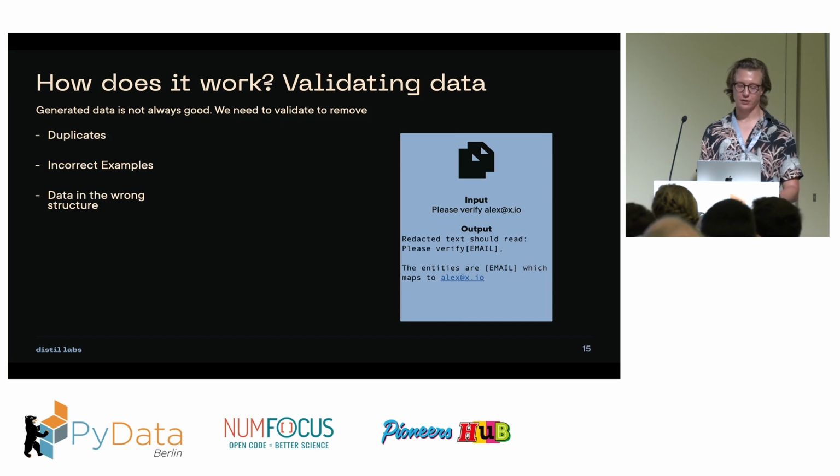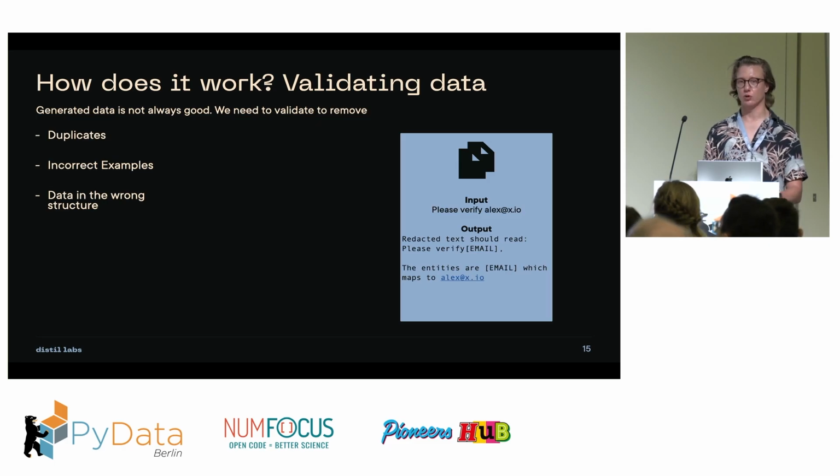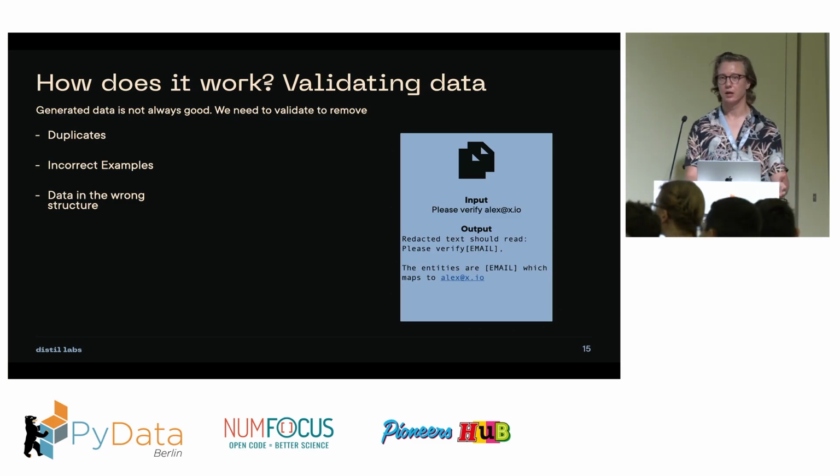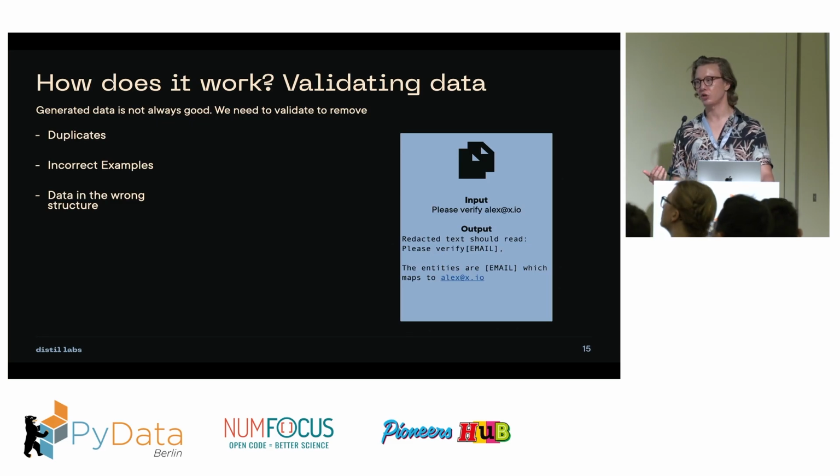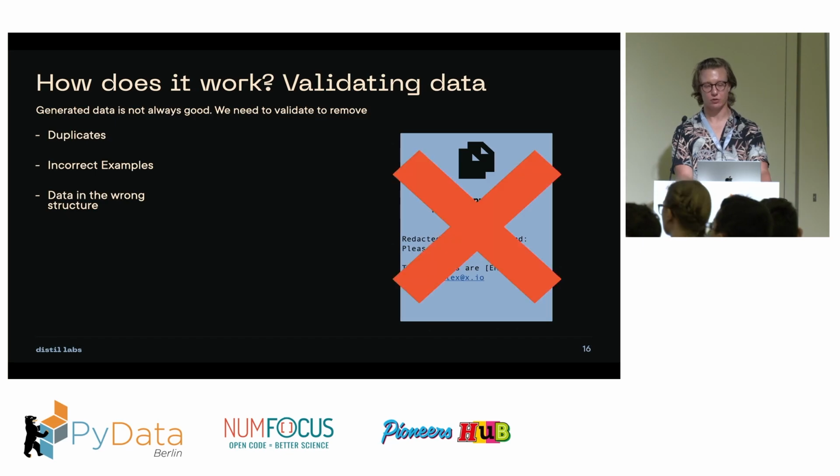So if you have an input of "please verify Alex at x.io", the LLM can output your answer in clear text, for example, "redacted shared text should read blah, blah, blah. The entities are blah, blah, blah." And we don't want that because we like our JSON outputs. We want this to be consistent with our ideas. So we remove data in the wrong structure.